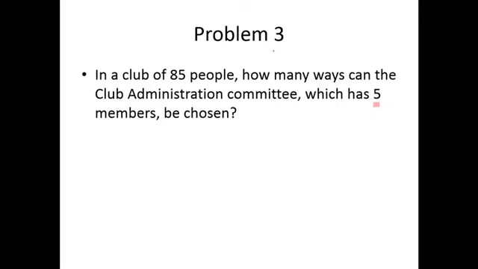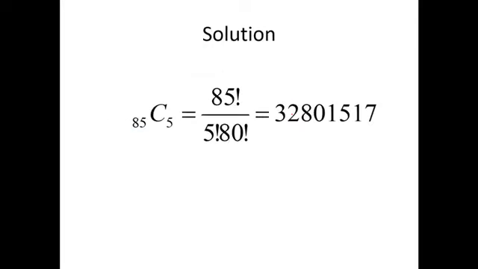Problem 3. In a club of 85 people, how many ways can the club administration committee, which has 5 members, be chosen? So you're just talking about choosing the committee, where we've not talked about putting any sort of officers on this. It's just a committee. Everybody looks the same. That is a combination problem.